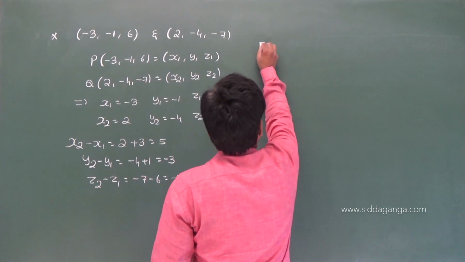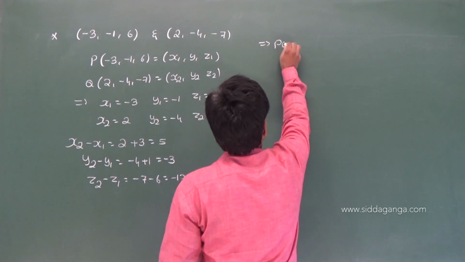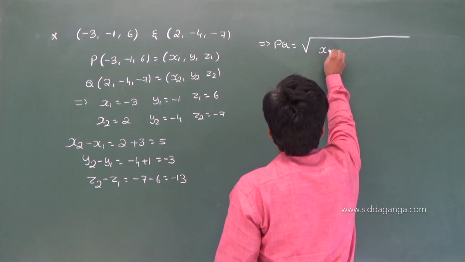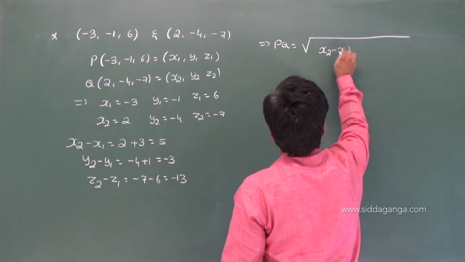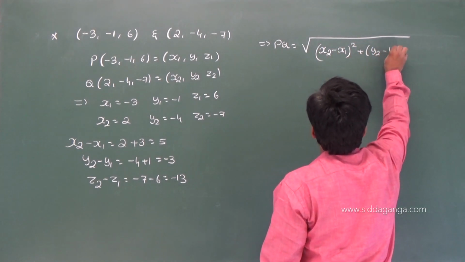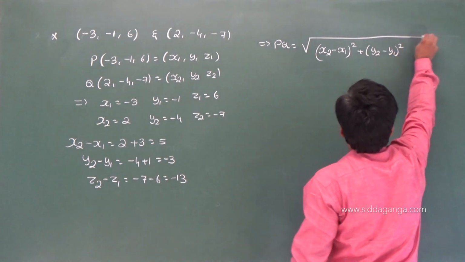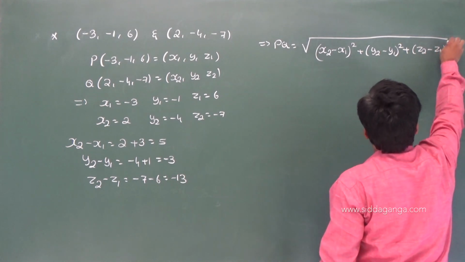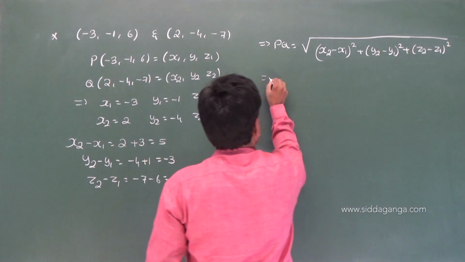So we know the formula. The distance between 2 points is given by the square root of x2 minus x1 whole square plus y2 minus y1 whole square plus z2 minus z1 whole square. Correct? Substitute all those values.